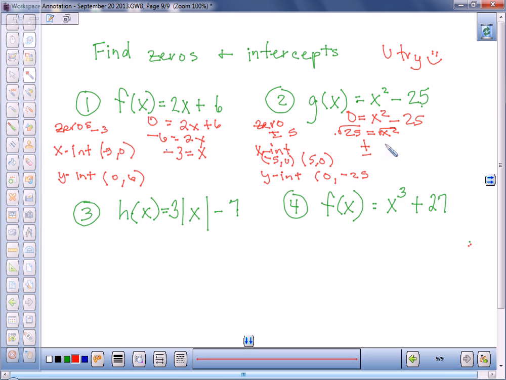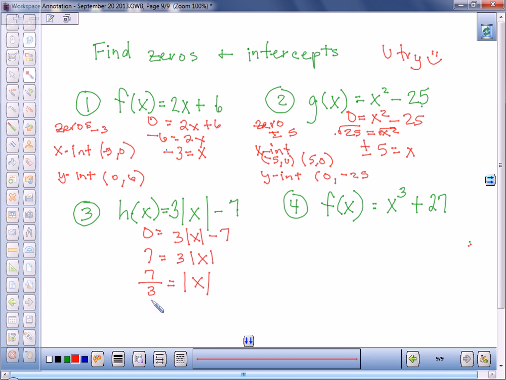All right, this one's a little different. So we plug in 0 here. And we move the 7 over. And then we divide by 3. All right, so let's think about what this means. What can I take the absolute value of and get positive 7/3?